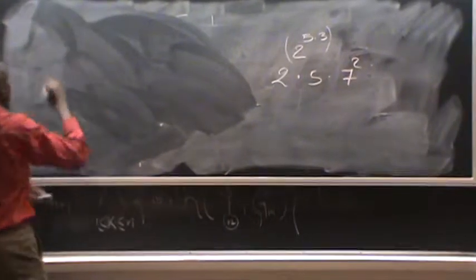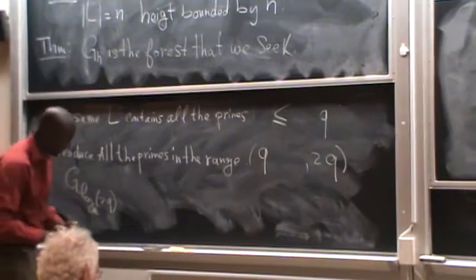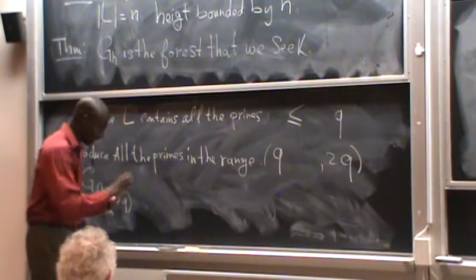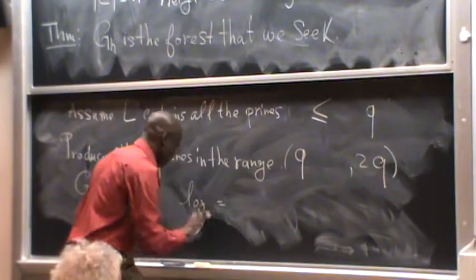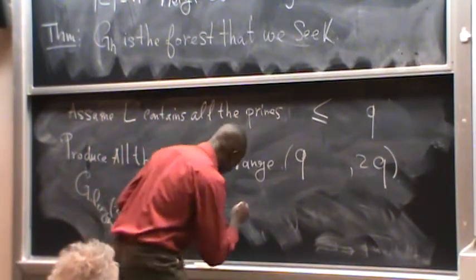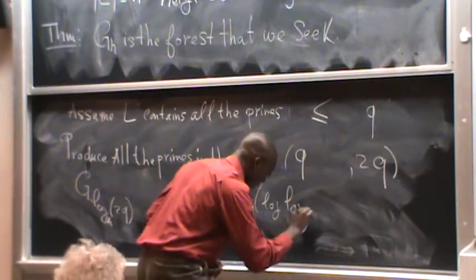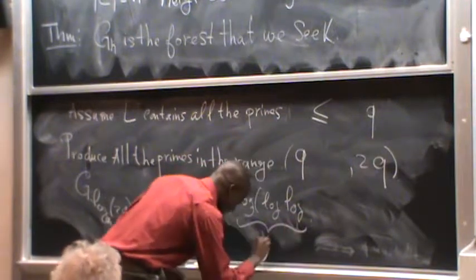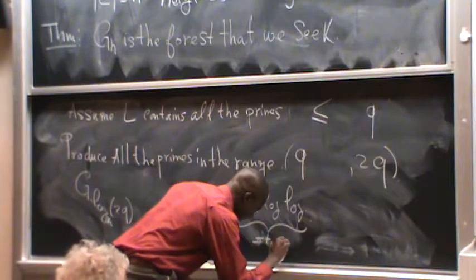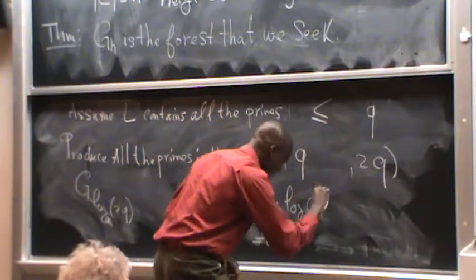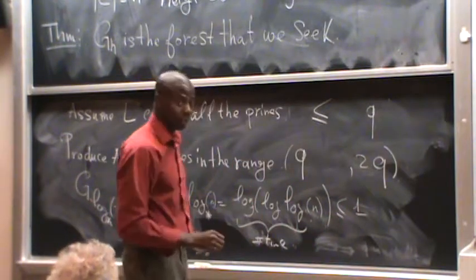Sorry, Edinah. Yes? Do you want to say what is log star? What is log star, okay. Log star is the number of logs you have to apply to a number. So log star of n is the number of times you apply log until this thing is less than 1.